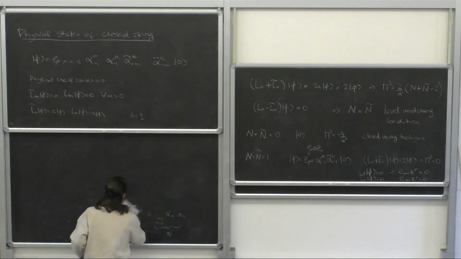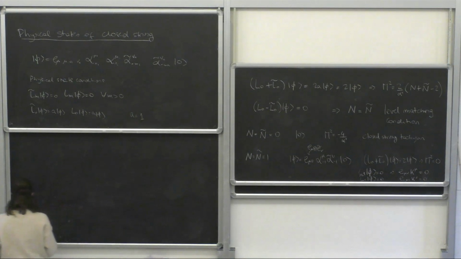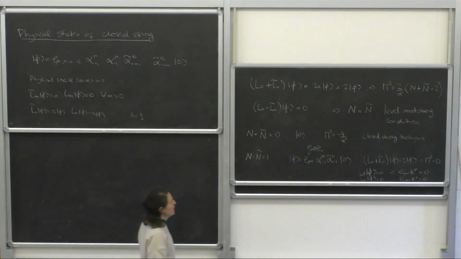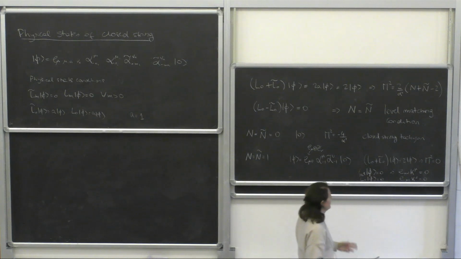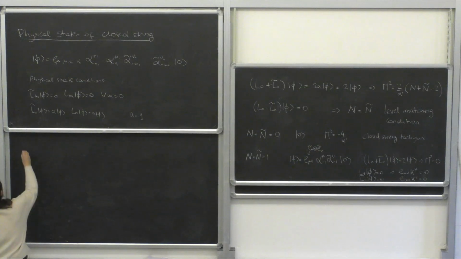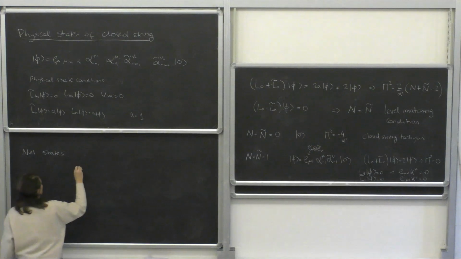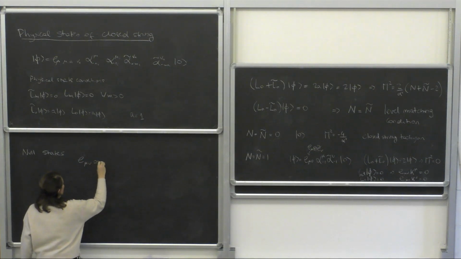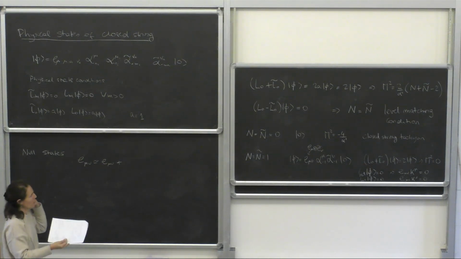So this says that each one of these indices has d minus 1 polarizations, but there are null states, right? How do I construct null states?